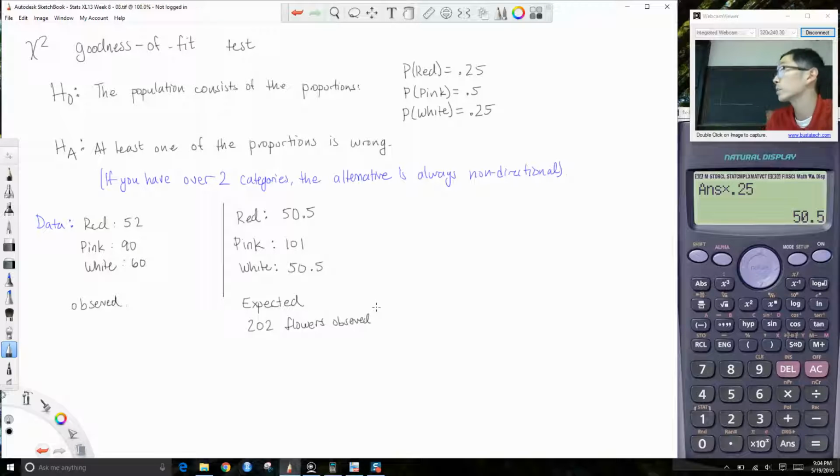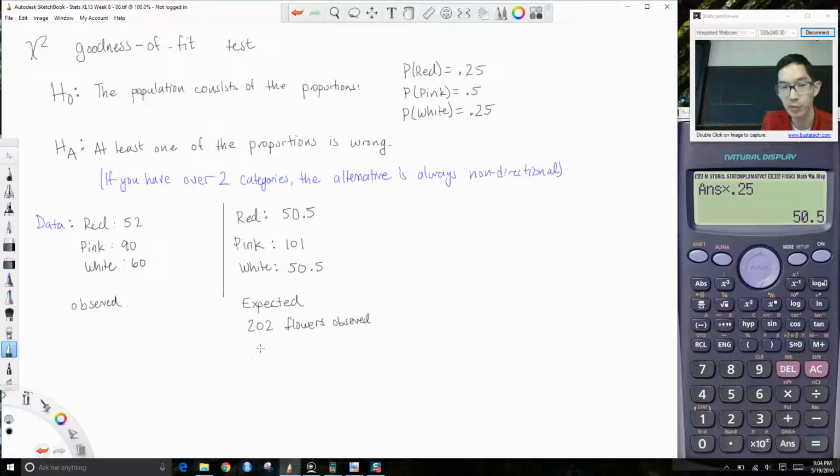Okay? And it's okay to have decimals here, because these are expected values. In your observed values, of course, you're only going to have whole numbers because you can't get a half flower or something like that. But for expected counts, it's okay to have decimals.